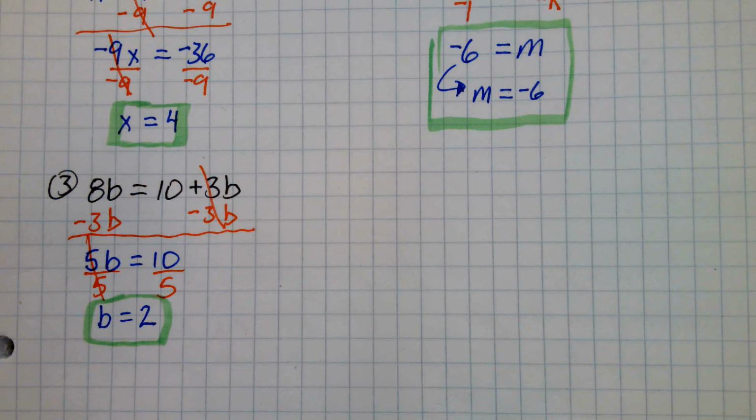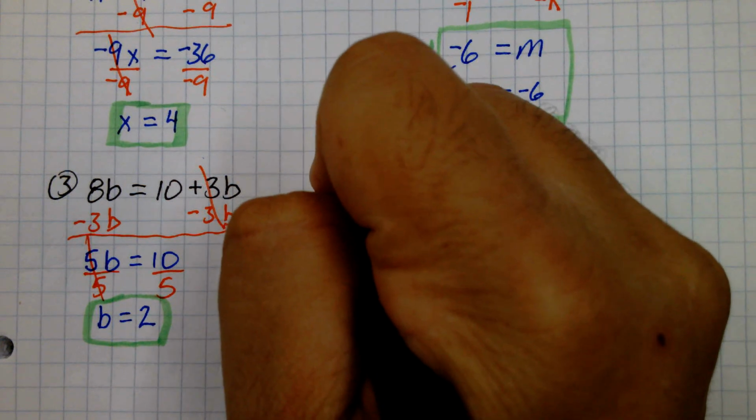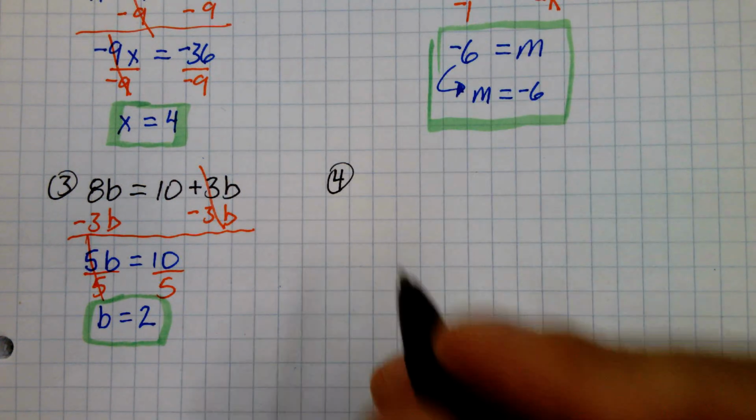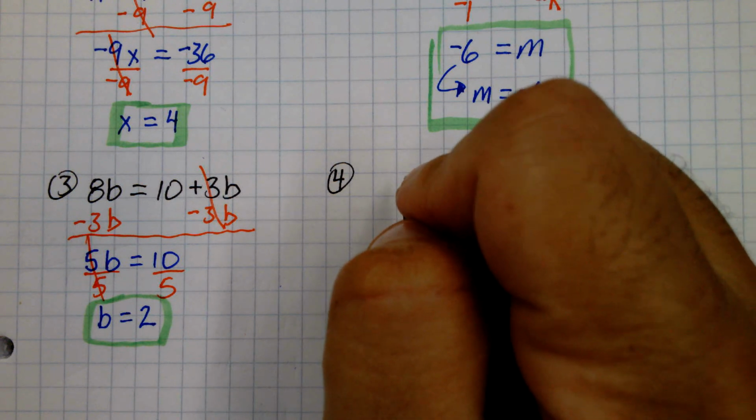So sometimes it is important to get rid of the right variable. Okay. And sometimes it just won't matter.